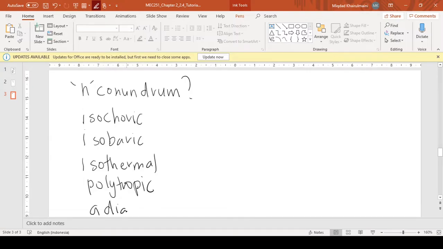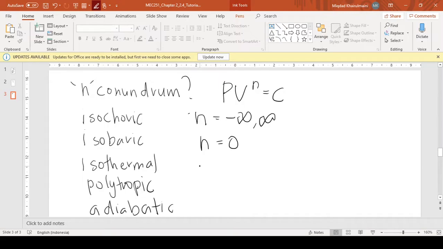And for each of these processes, for gases, it can be in the form of PV^n = C. So for isochoric, n can be either negative infinity or infinity. For isobaric, n equals 0. For isothermal, n equals 1.